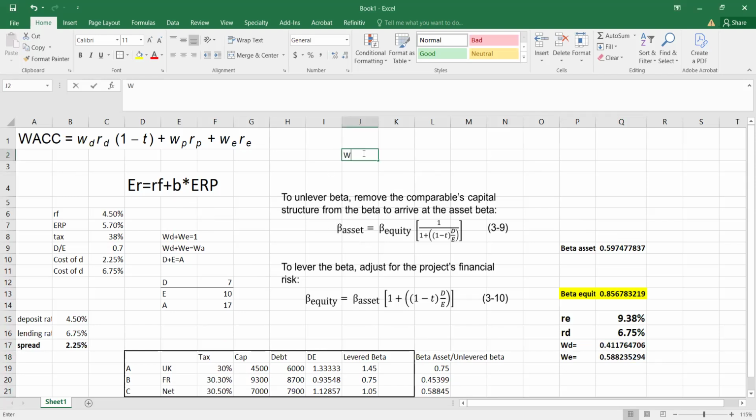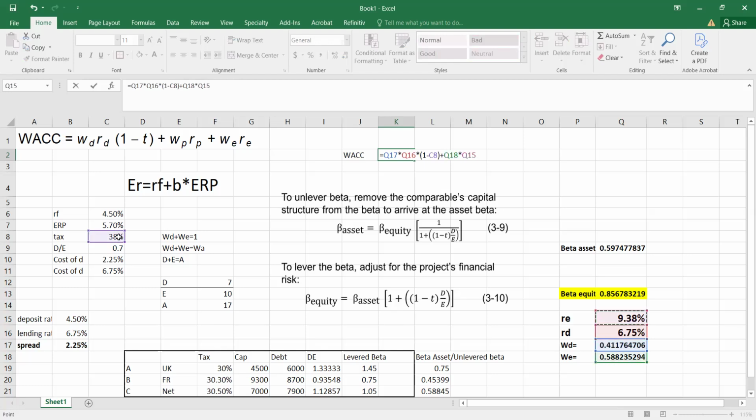So WACC. My proportion of debt is this, multiplied by cost of debt, multiplied by 1 minus 38%, plus proportion of equity multiplied by cost of equity.